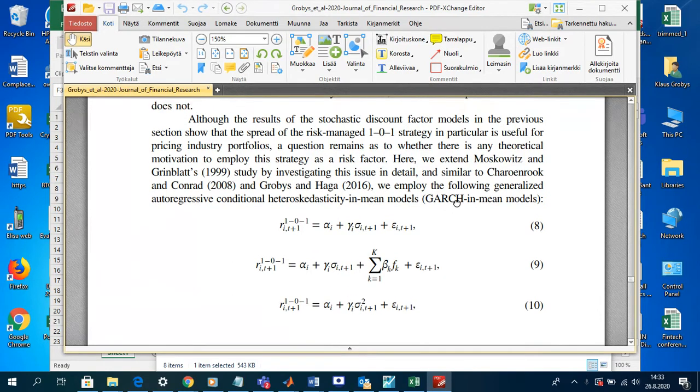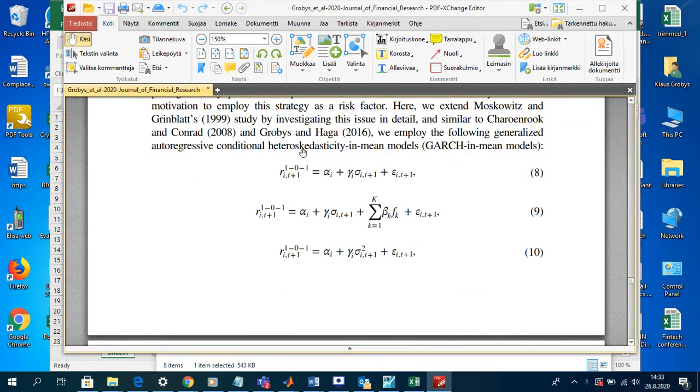We remember from the lecture that the mean equation of the GARCH-in-mean model is given by equation 8, where we have on the left-hand side the zero-cost portfolio returns. By default, they are given in excess returns. And we have in the mean equation an intercept term alpha.